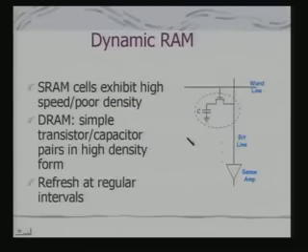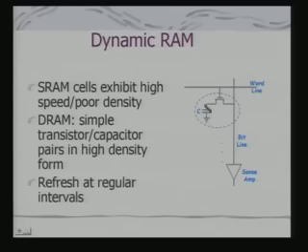Next, we look at dynamic RAM. SRAM cells exhibit high speed but poor density, so DRAMs are expected to have high density. Why high density? Because they actually use a simple MOS capacitance to store data.